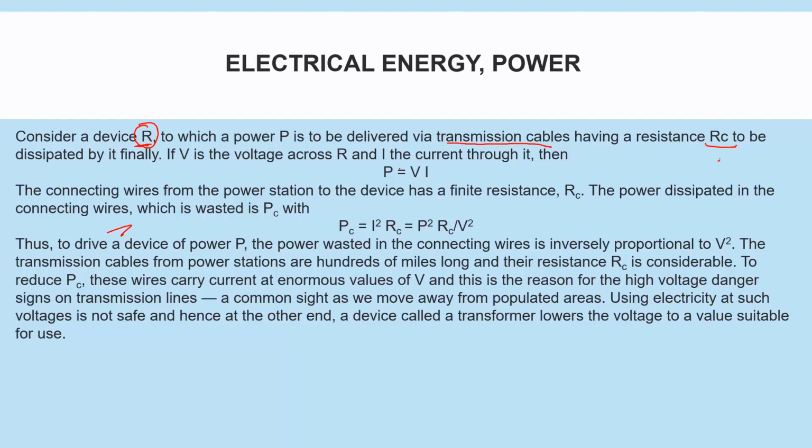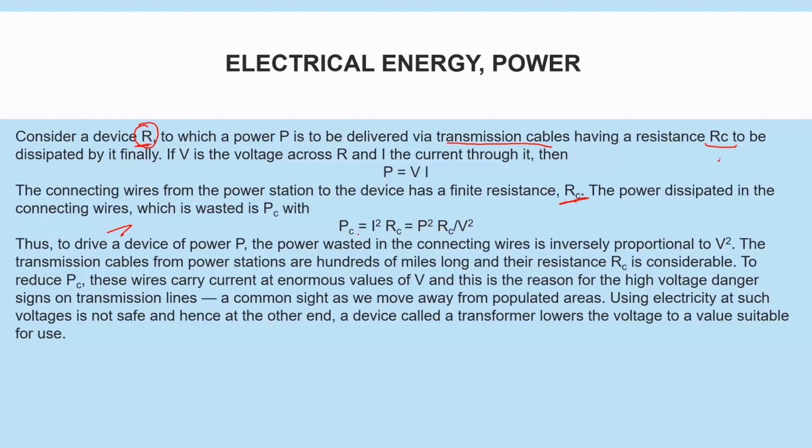Again we see that the power P is equal to VI. It depends on the voltage and the current that is passing. The connecting wires from the power station to the device, as we said, have an RC resistance. So for the power dissipated, we can again use the formula that we had seen in the last slide, that is I square RC, in terms of the power.